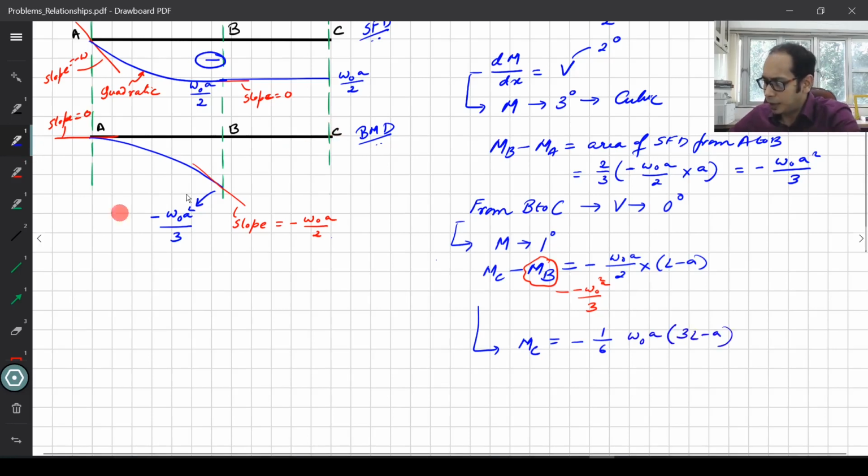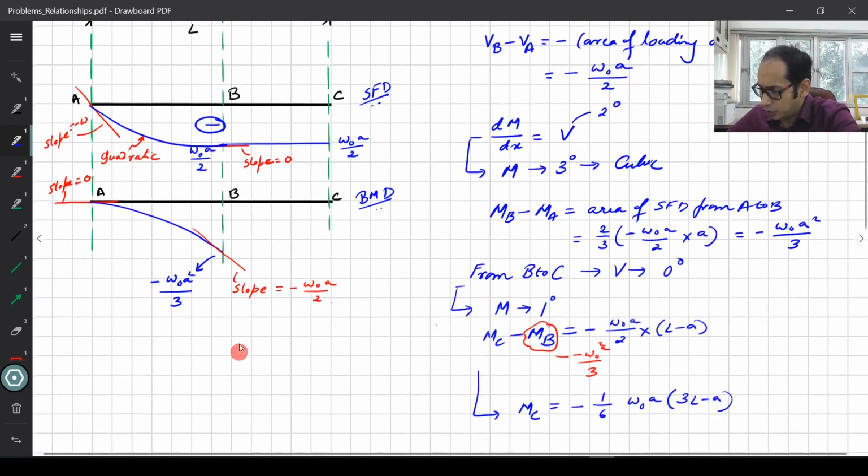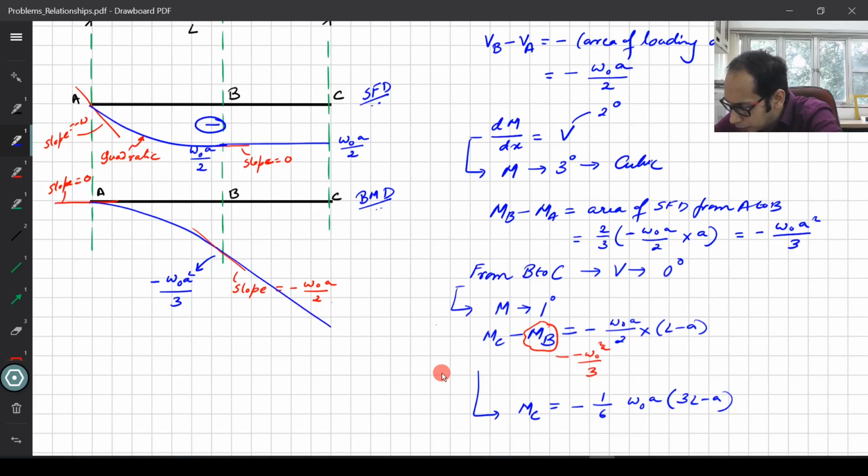So this is the value, and as we just discussed, this is going to have a linear variation. So it is going to go quite a bit down from here. So let's just quickly mark that it is going to go something like this over here, right? And then of course this line has to close somewhere over here.